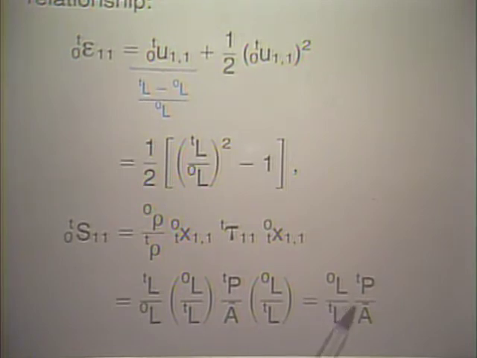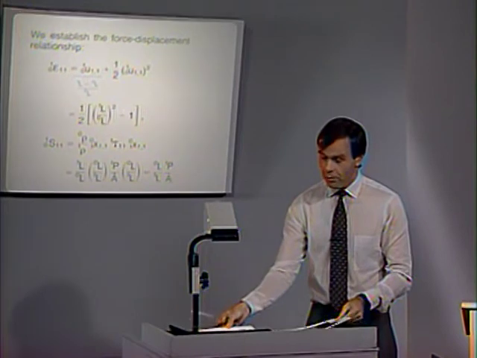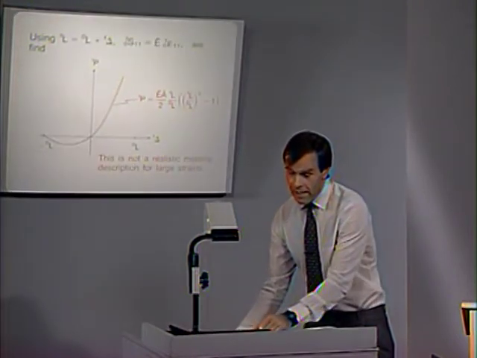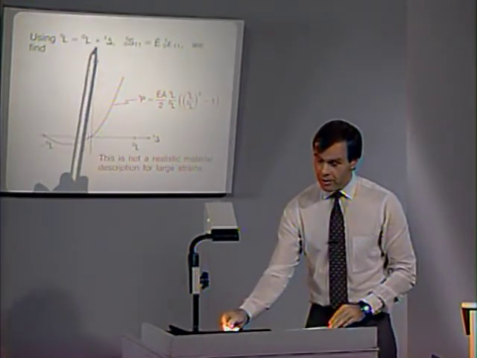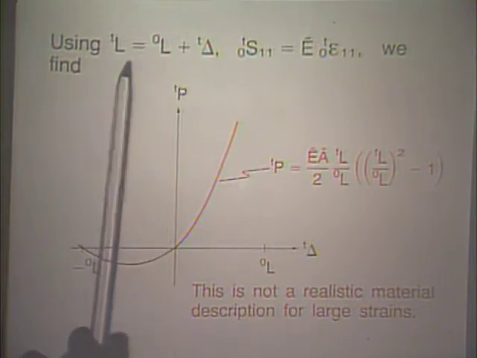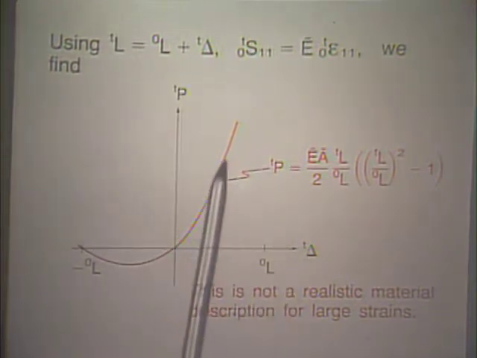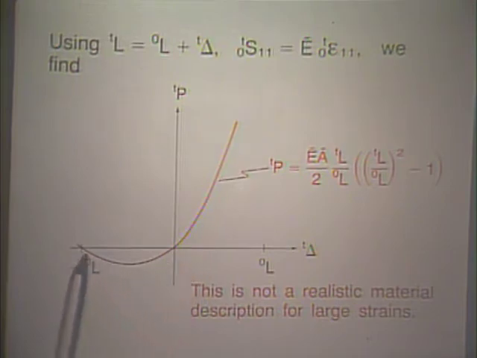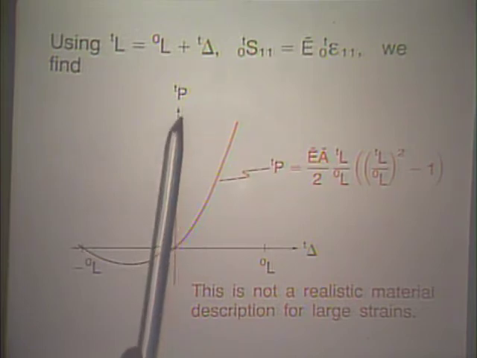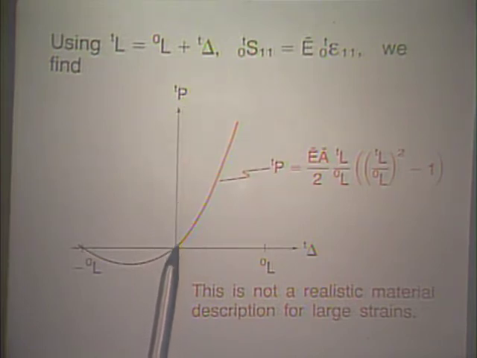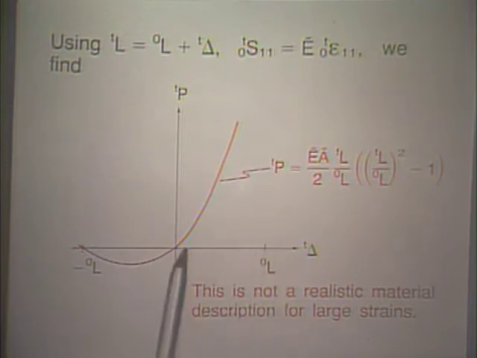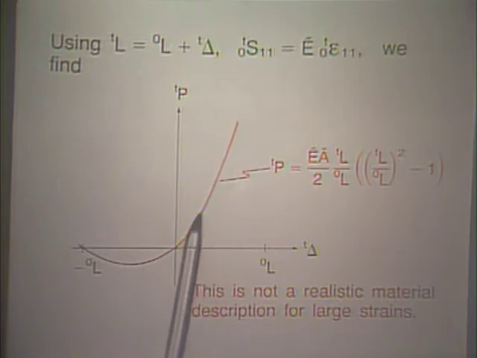Substituting this relationship and that relationship into our stress-strain relationship of the previous viewgraph, and using this fact here, we directly obtain this red curve, which gives us the force applied to the bar as a function of the displacement at the end of the bar. Now notice that this is a nonlinear curve.